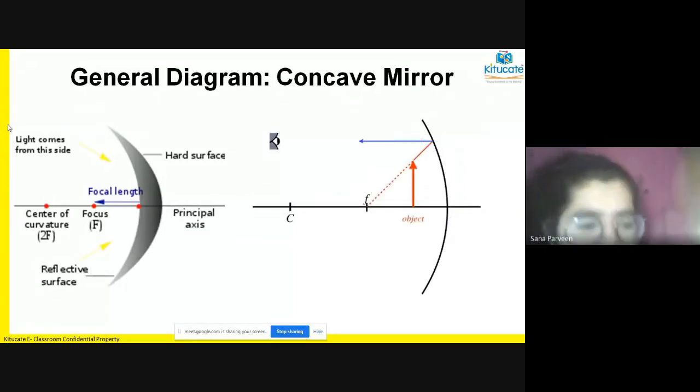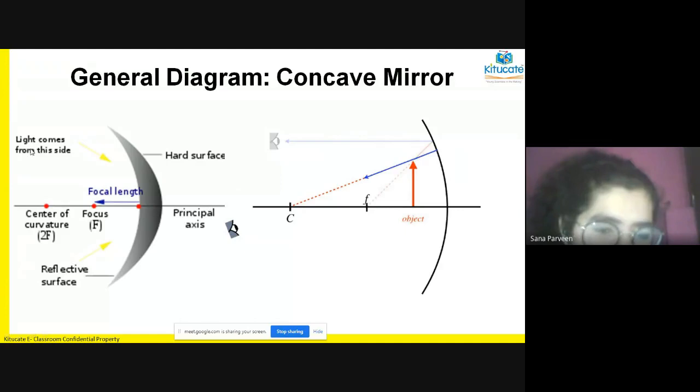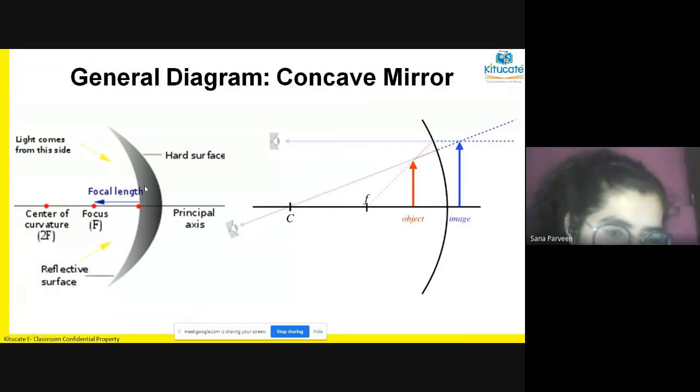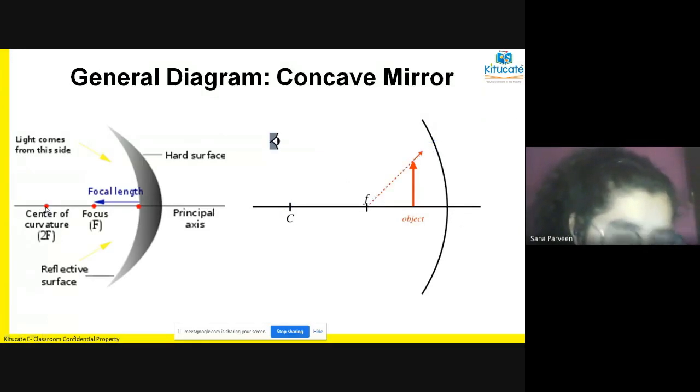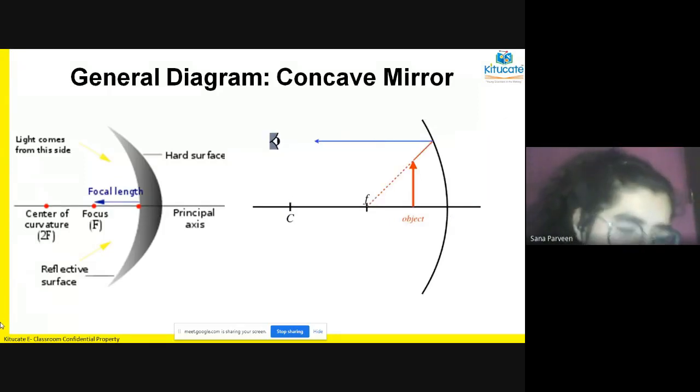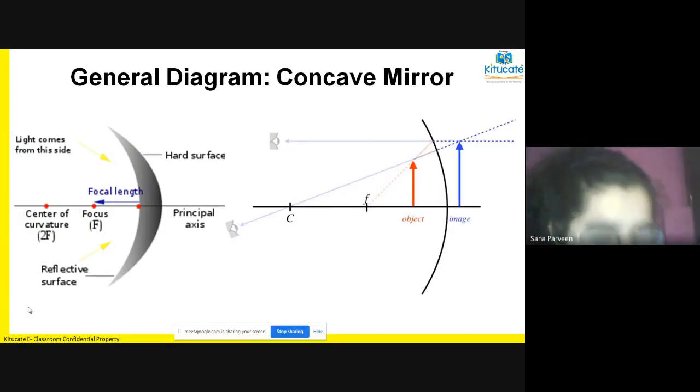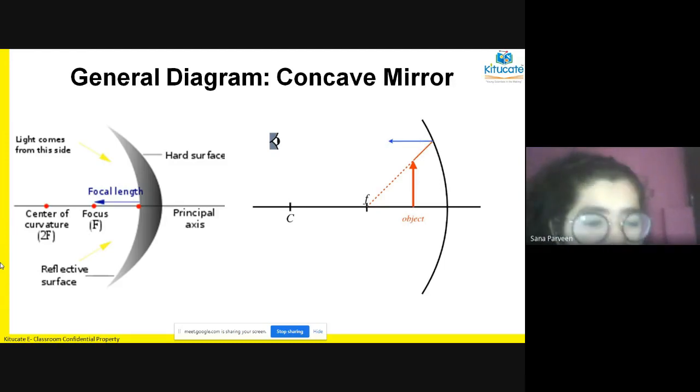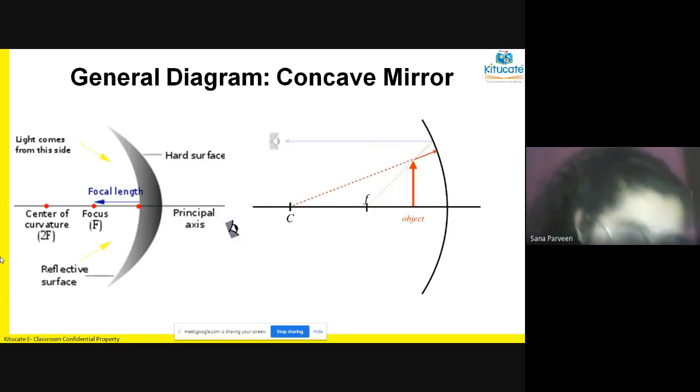And the entire ball has a center. That center of the entire sphere, the entire hollow sphere, is called the center of curvature. It is the center of the ball of which we have taken out the portion.